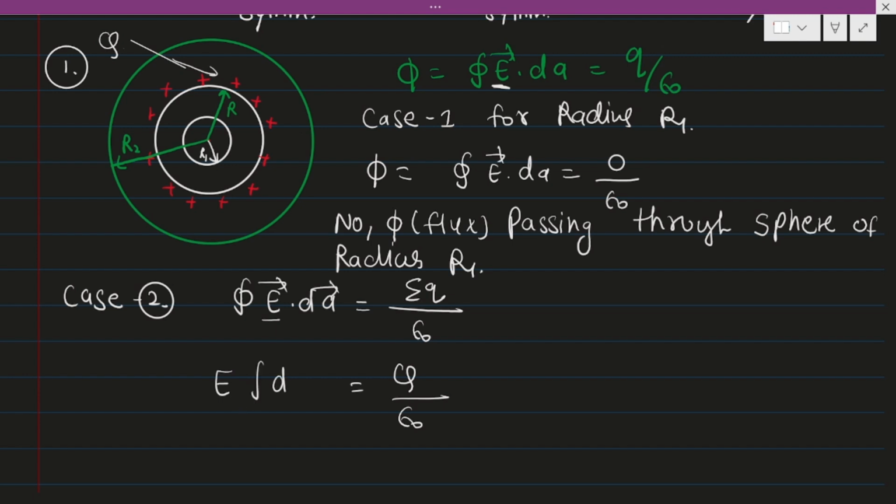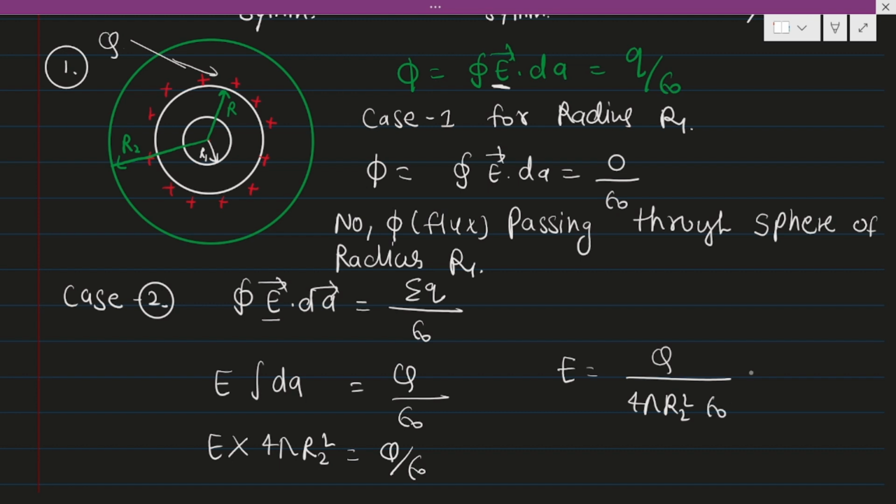So E dot dA becomes E times 4 pi R2 square, equal to Q over epsilon naught. So the electric field can be given as Q over 4 pi R2 square epsilon naught, in the direction of r.